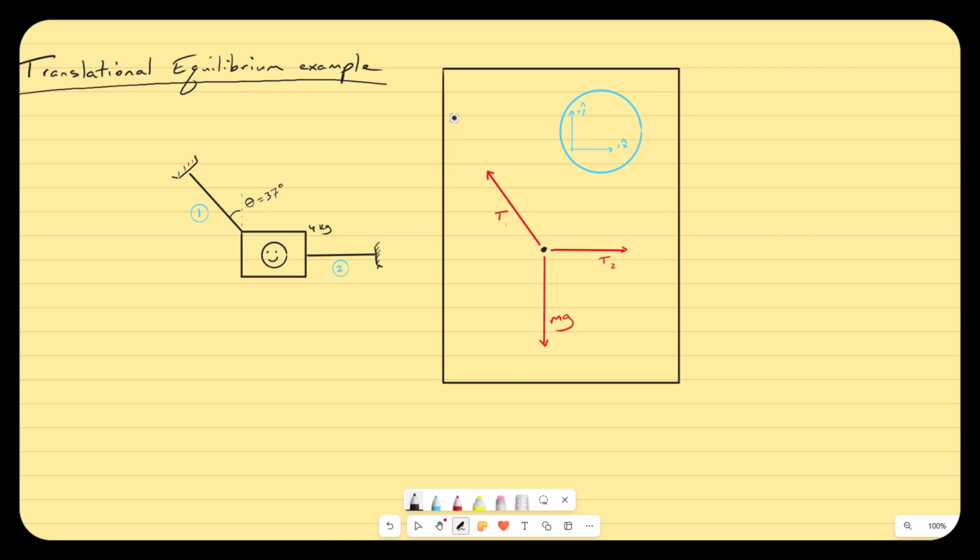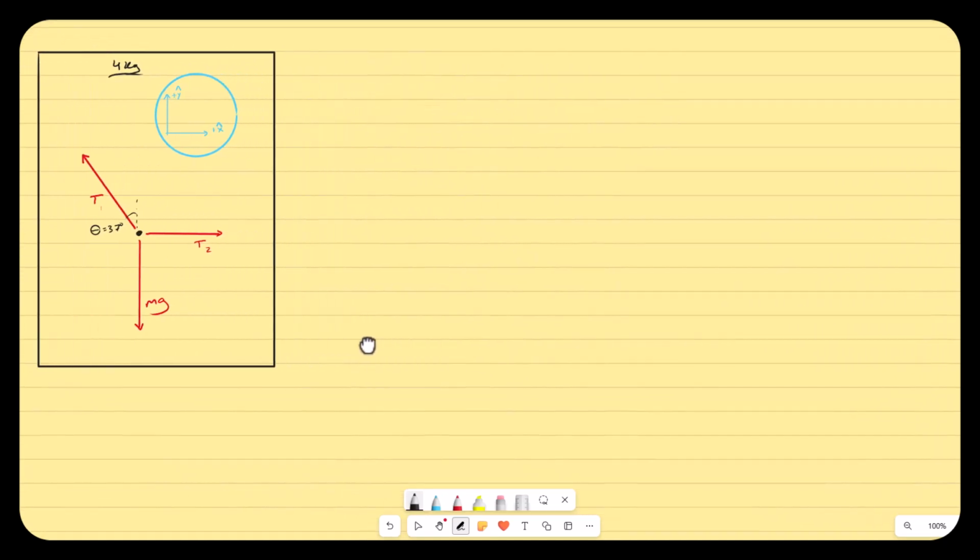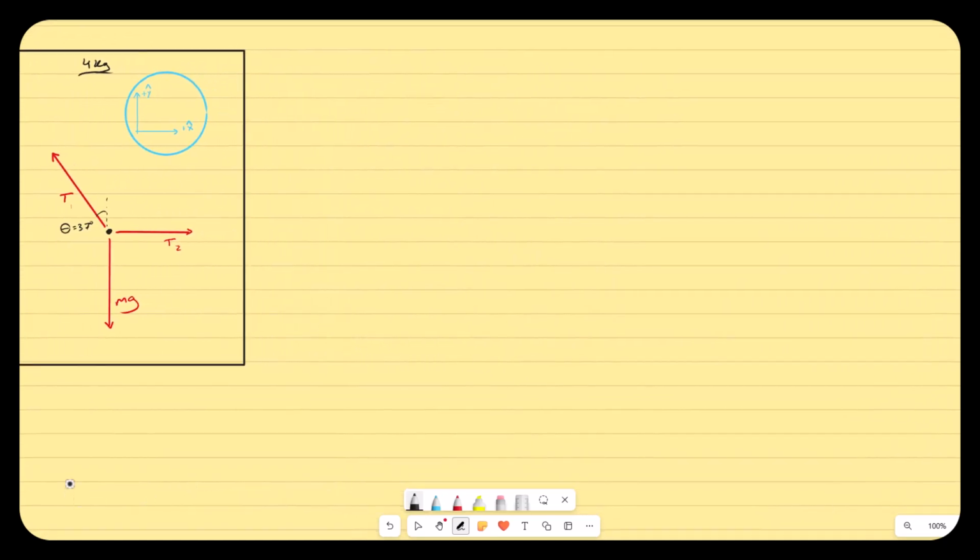So there's my free body diagram, and I'm going to put in my angle because I think it's going to end up being a helpful thing to have. And that's it, really. My mass is 4 kilograms. So now I don't need my picture anymore. I am on to just using my diagram.